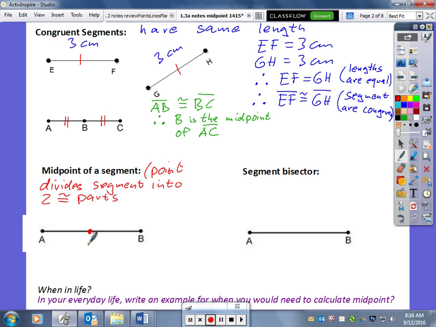Let's assume we have the midpoint right here, and this midpoint divides segment AB into two congruent segments. One segment is AM, the other segment is MB. These two segments are congruent, and again we're gonna use our little hash marks to indicate this.